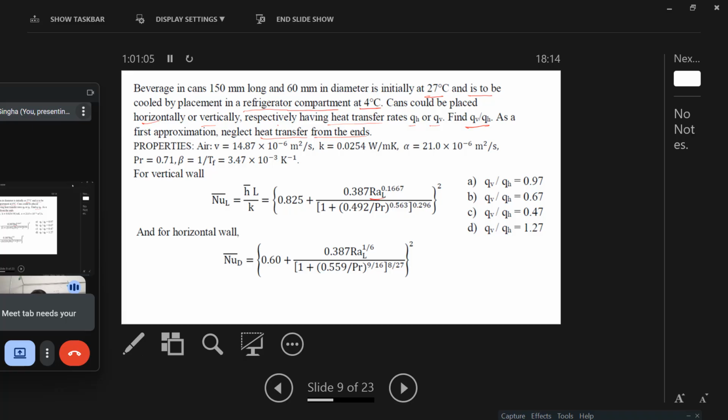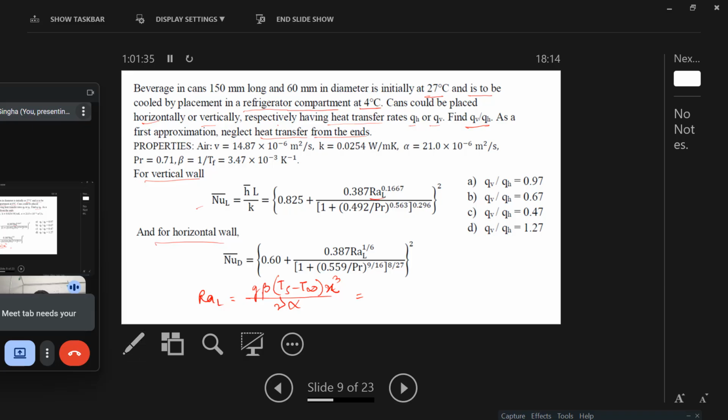Okay, now for vertical wall, they have already given the Nusselt number expression for vertical wall and horizontal wall. So both of them contain Rayleigh number, of course. So first we have to find out the Rayleigh number. RaL is given by g beta (Ts minus T infinite) x cube divided by mu alpha.